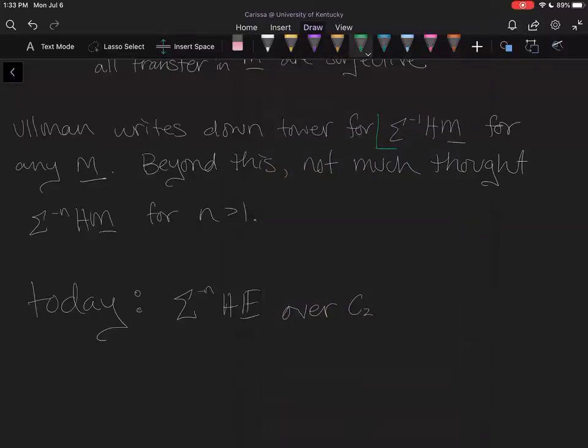He only writes it down for the Eilenberg-MacLane. No, I understand what you wrote down for this one, but I'm asking what are the pieces in this tower? What are the stages? What are the slices in this tower? Is it always Eilenberg-MacLane spectra or something more sophisticated?